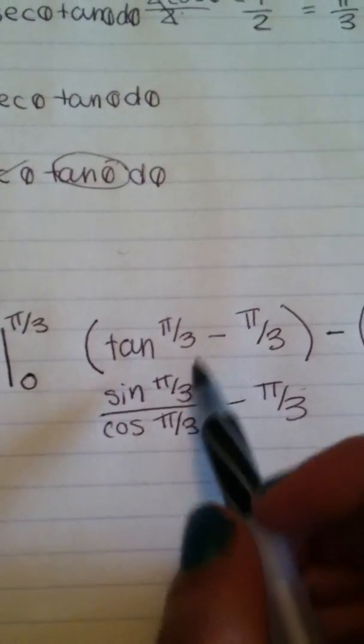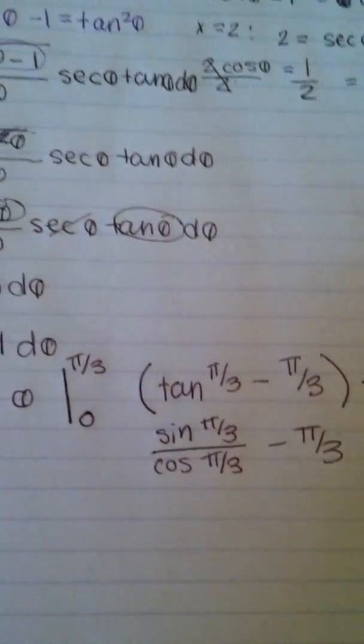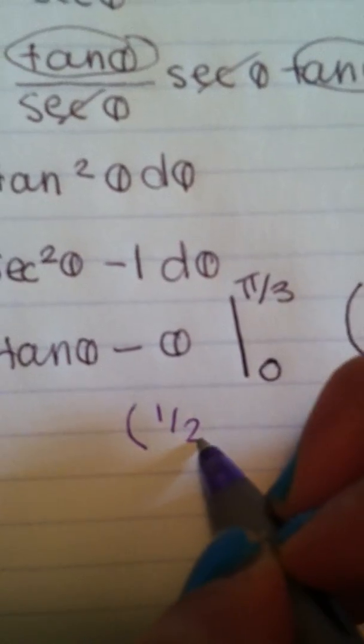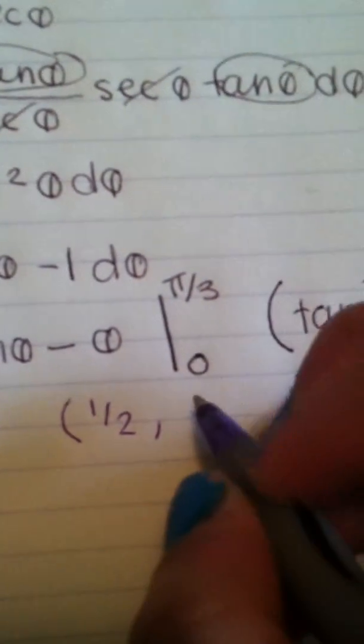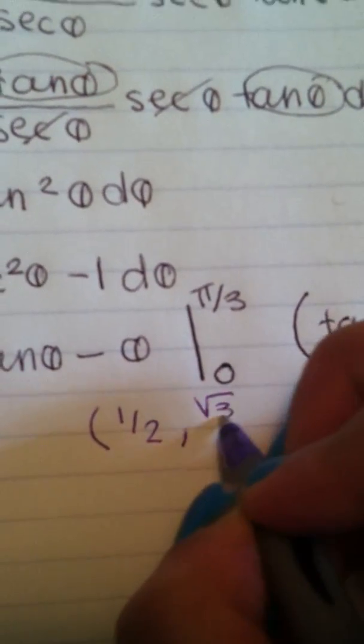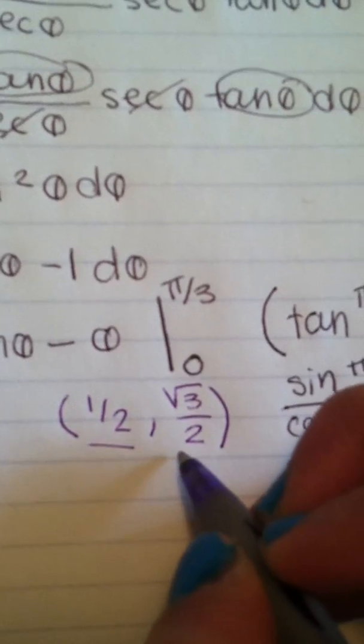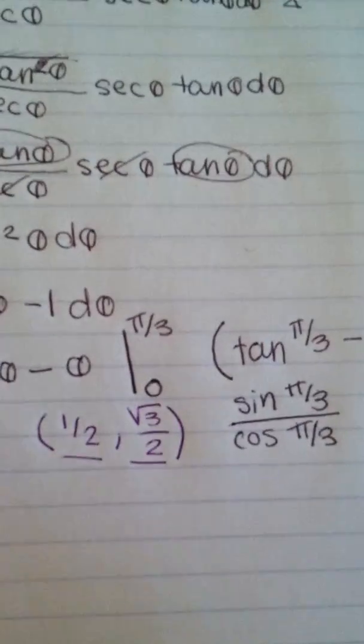Now, the coordinates for pi over 3 are right over here: 1/2, root 3 over 2. And this would be cosine, and this would be sine.